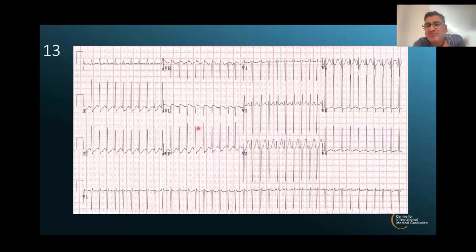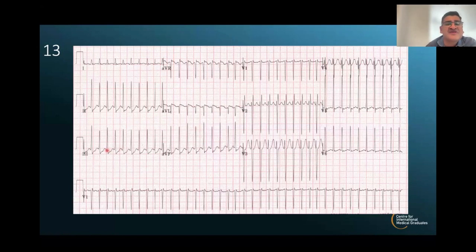I think the problem here is that you can't really tell. This is super fast. As the other gentleman said, this is just over 1 large square. So it's not 300, but it's pretty close, something like 260, 270.